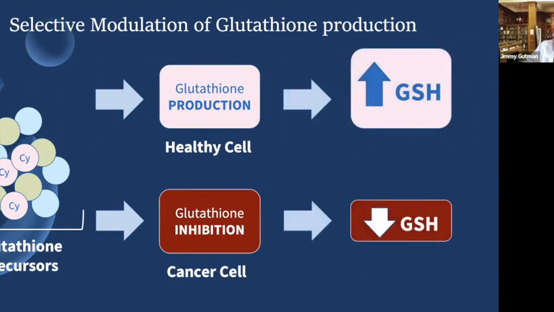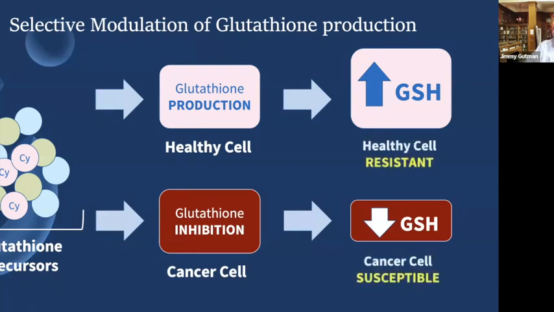So effectively what happens is a selective modulation of glutathione levels, so that the levels climb in healthy cells but drop in cancer cells. Ultimately, the healthy cells become more resistant to the damaging effects of the chemotherapy, but the cancer cells have less resistance, so they can be damaged or die off quicker. Selective modulation. I hope that's a little bit clearer now.